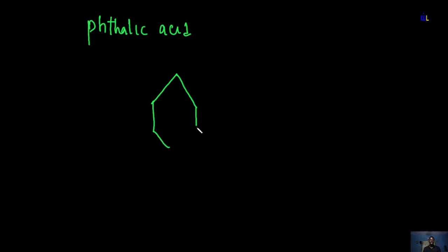Okay, let's try one more. I probably have not mentioned this, but the dioic acid is what we refer to as the phthalic acid. Once you see that you have 2 carboxylic groups, one here and another on the adjacent carbon atom, we refer to this as phthalic acid.